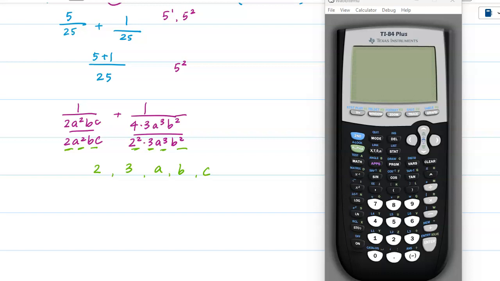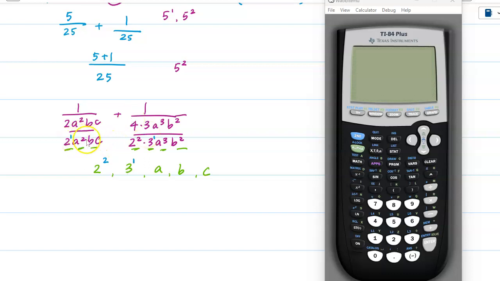Now, to find the common denominator of this, you have to find the times that appears the most. Okay, so you look here, and the factor 2 appears here once, and here twice. So the greatest number of times it appears is twice. 3, here 0, here 1. The greatest number of times it appears is once.